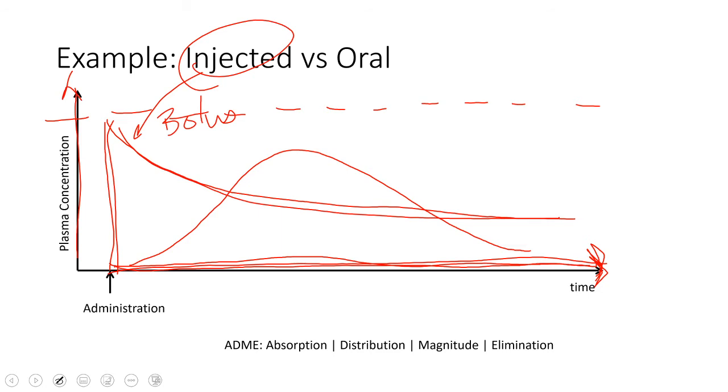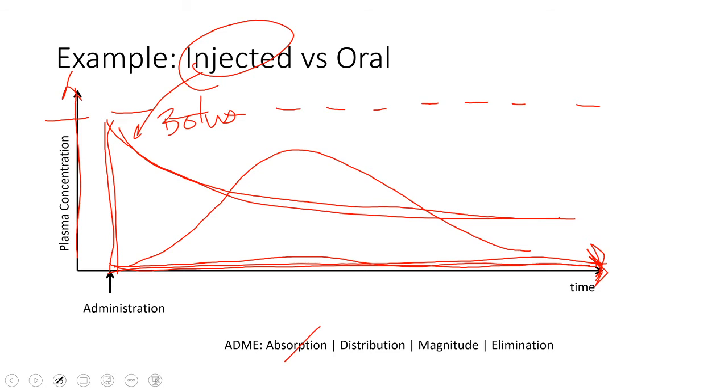And so because for injection you're going straight into the bloodstream, you don't have to consider the absorption part of ADME. I'll explain what ADME is in a little bit.